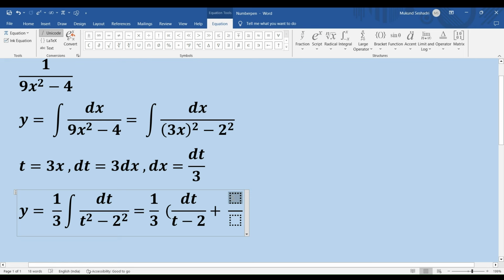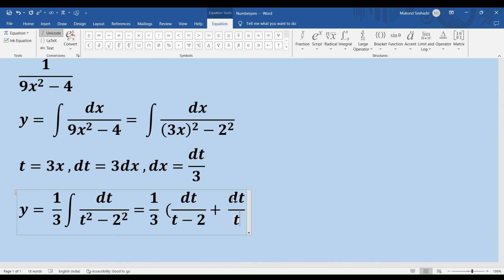So the first part is a dt by t plus 2, and my second part is a minus of dt by t minus 2, right?